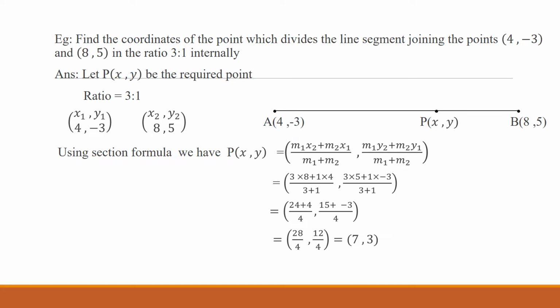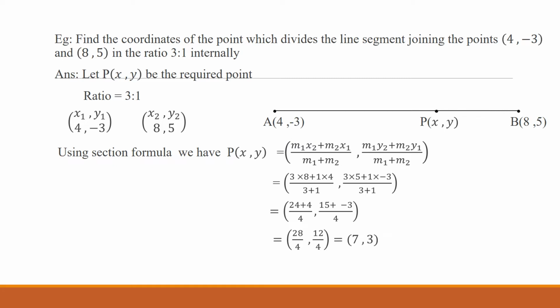Question number 1. Find the coordinate of the point P which divides the line segment joining the points (4, -3) and (8, 5) in the ratio 3 is to 1 internally. Let us take the point P (x, y) on the line segment AB where the coordinates of A is given by (4, -3) and coordinate of B is given by (8, 5).